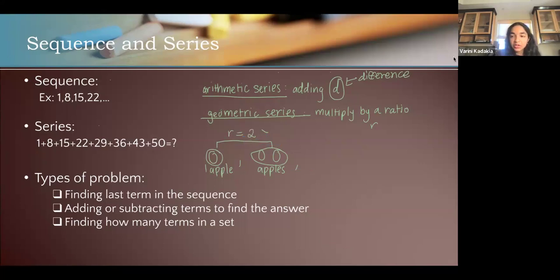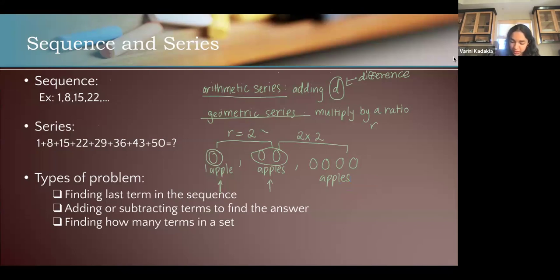To find the ratio, you put the next term over the first term. And then this ratio will stay constant throughout the whole series. So for our next term, we'd multiply 2 by 2, right? And we get 4 apples. Okay? Does that make sense? Okay.